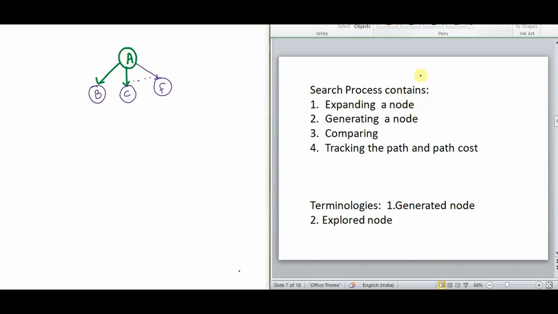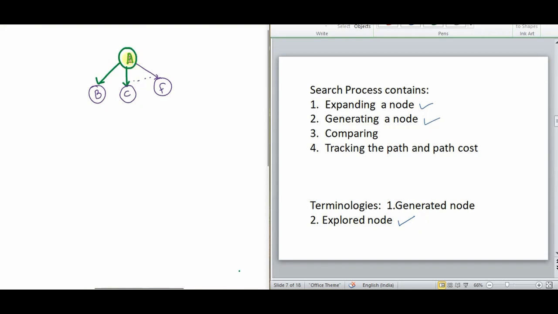Expanding a node we have seen already. Generating a node also we have seen already. Now what is the meaning of explored? Suppose node A was expanded to find out who are the child nodes of node A. When it found out that B is one of the children, we say that B is generated. Then it found that C is another child, we say C is generated. Similarly up to F, after all the possible child nodes of the parent node A are discovered or generated, there is no other node remaining to be generated.